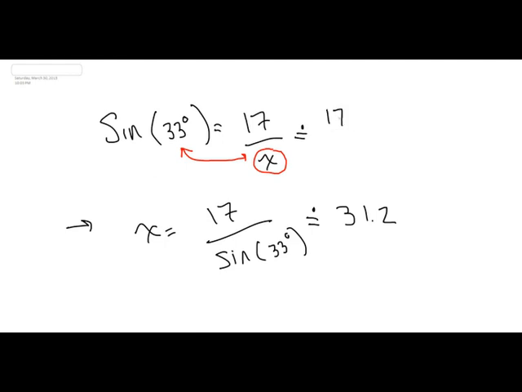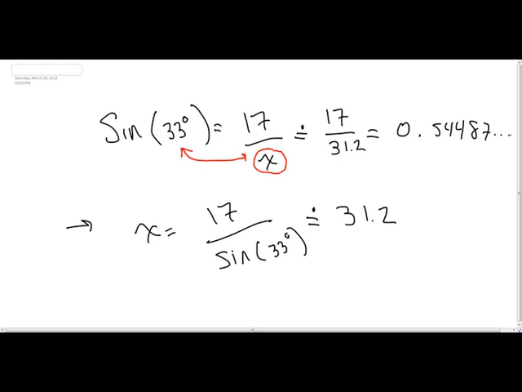So we have 17 over approximately 31.2. So 17 divided by 31.2 is 0.54487 and goes on. Now let's see what the sine of 33 is.